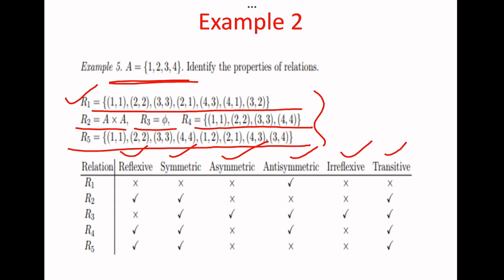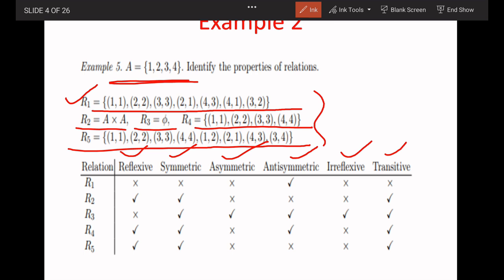If you have any doubt, you can ask. Why is R1 not reflexive? Because (1,1), (2,2) and (3,3) are here, but (4,4) is not in my R1, so it is not reflexive. Why is it not symmetric?